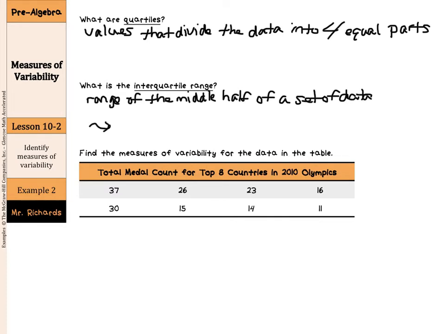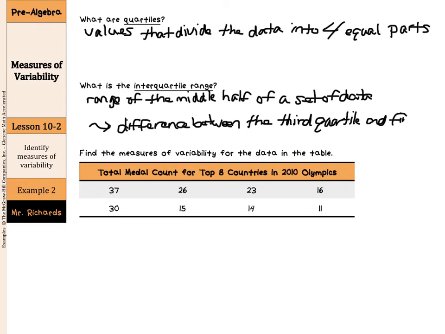To calculate it, it's the difference between the third quartile and first quartile.